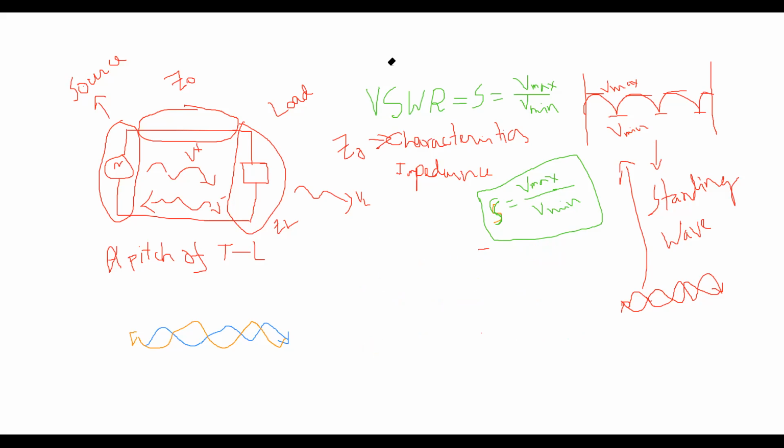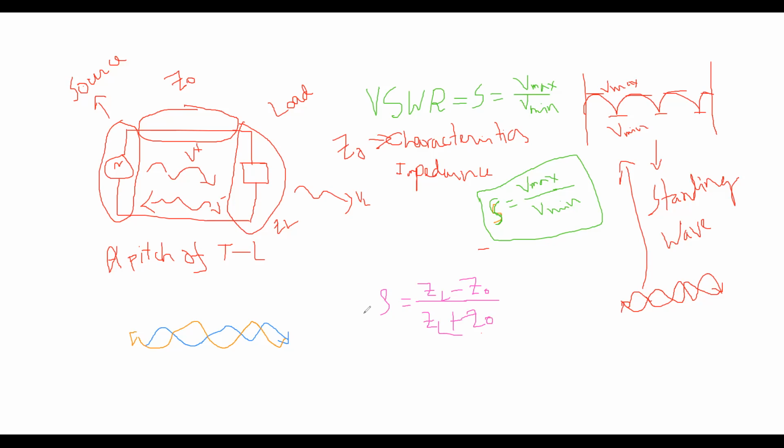Alright, let's write some equations. Reflection coefficient is rho. Rho is equal to ZL minus Z naught divided by ZL plus Z naught.